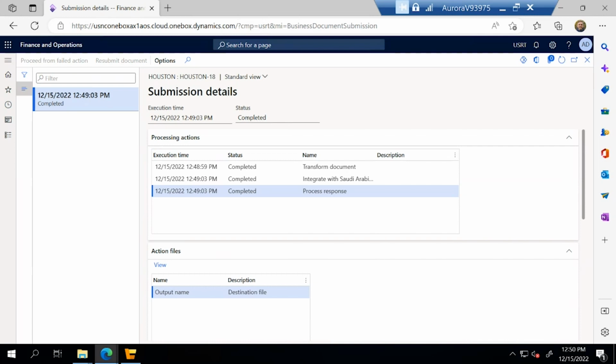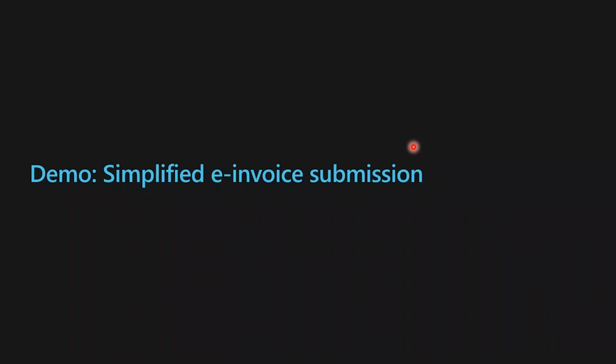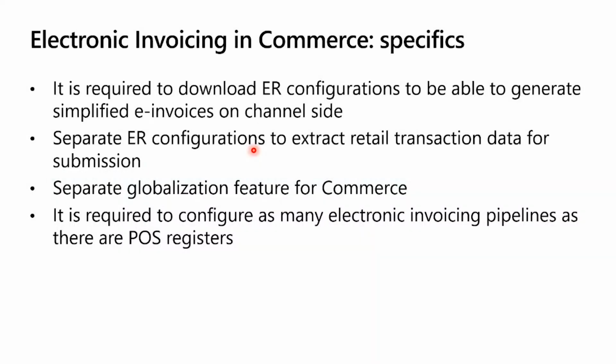Okay, so back to the presentation. I have only a couple of slides left. So just to summarize the specific differences that electronic invoicing implementation has in Commerce as compared to Finance, right? I mentioned these during my presentation.